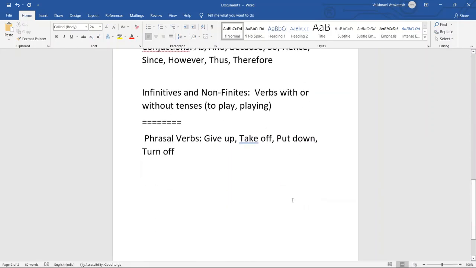Then comes phrasal verbs. So what are phrasal verbs? Phrasal verbs are basically two words combined together to make a single verb. These words by themselves may give meaning, but together they give a different meaning. For example, words like give up, take off, put down, turn off, etc. With that said, let's go into the paper.